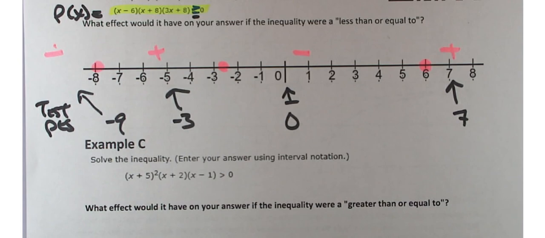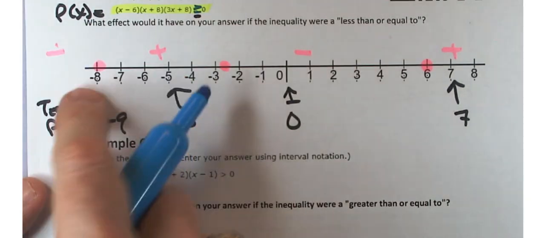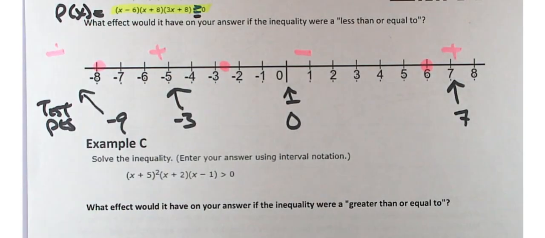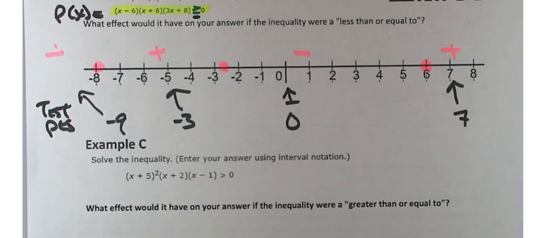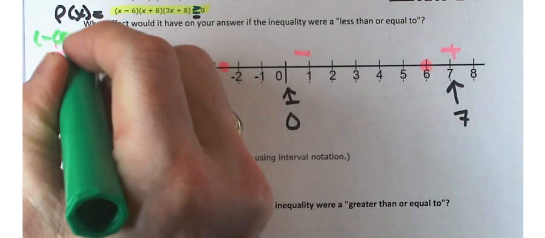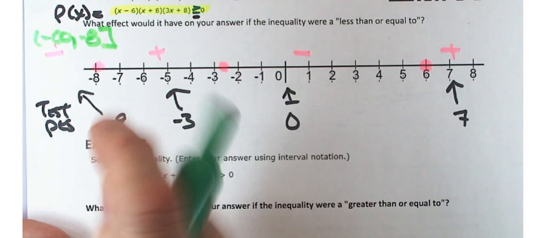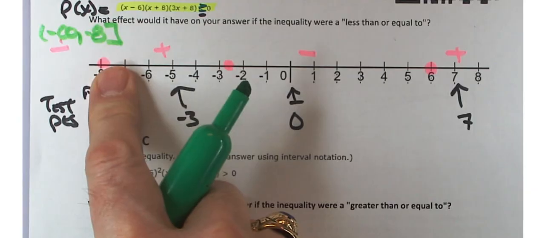Which interval or intervals do we want? Well, let's actually realize what the intervals are. The first one is going to be negative infinity to negative 8. I'm going to put a bracket because I can use the endpoint.